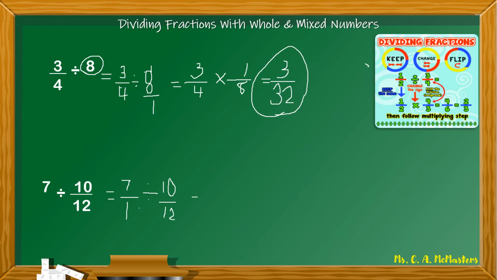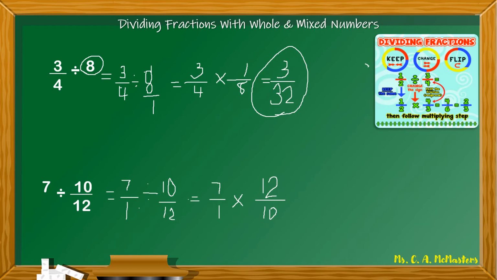The next step is that we're going to follow the steps, keep, change, flip. So the first fraction, 7 over 1, we will keep. The division sign, we will change to a multiplication sign. And then we need to flip the second fraction. So this will become 12 over 10.